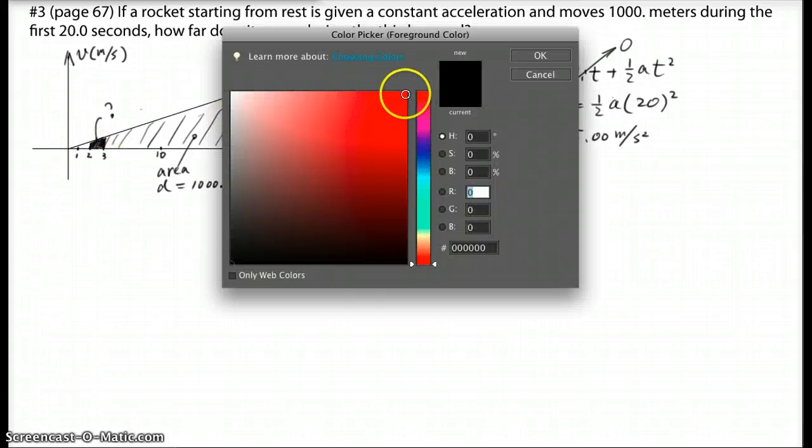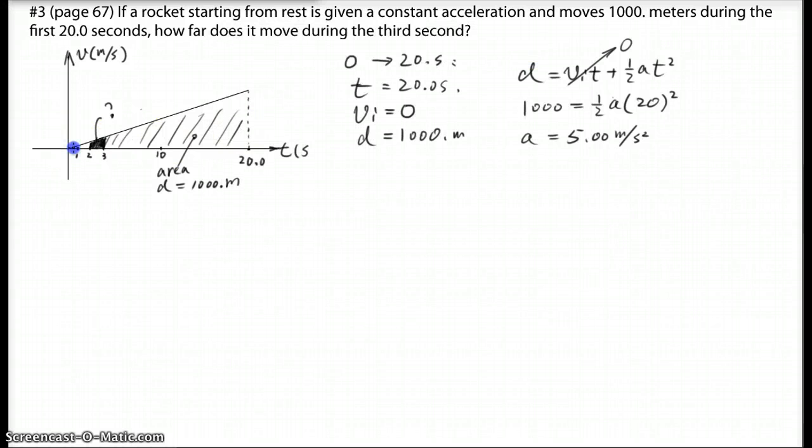So I give a different color for this. The displacement traveled during the first 2 seconds, right? So if I label this as D1,2, and then this is going to be the D3. So we can do it this way.